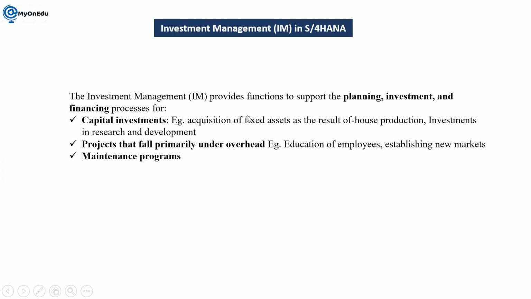Planning means the initial planning, primarily cost planning. Then further the budgeting. Then to decide whether this project is beneficial for us or not, that is the investment or pre-investment analysis. And then to control the budget, which comes under financial or financing processes.